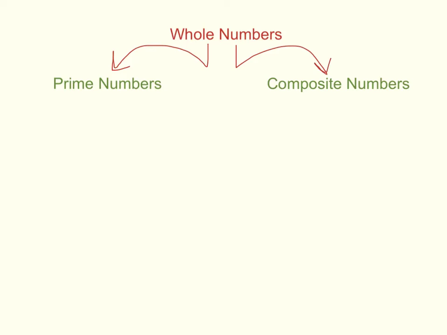All numbers are divisible by 1 and itself. Well, what does that mean? This means, say for example, if you have 10, all right, you can divide 10 by 1, which you will get 10, and you can divide 10 by itself, which you will get 1. So you can give many examples like that.